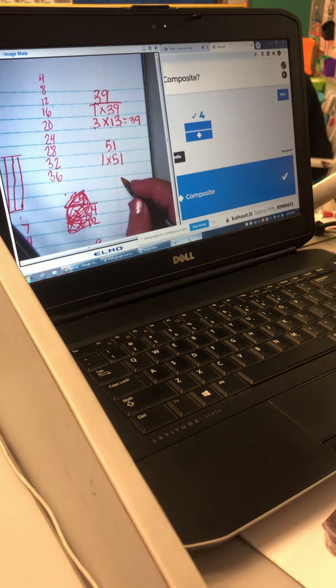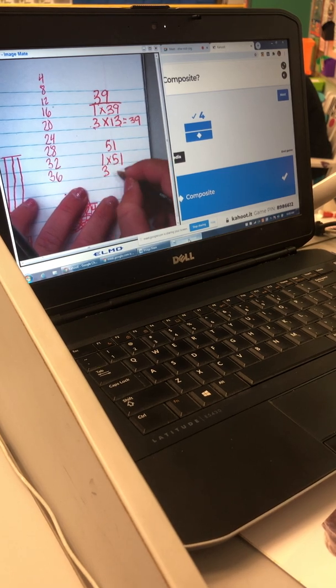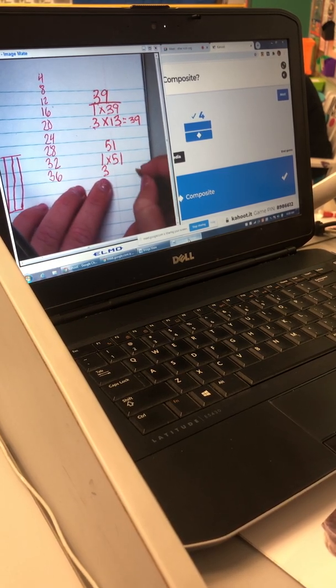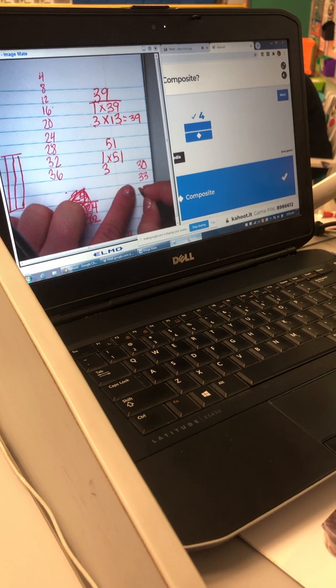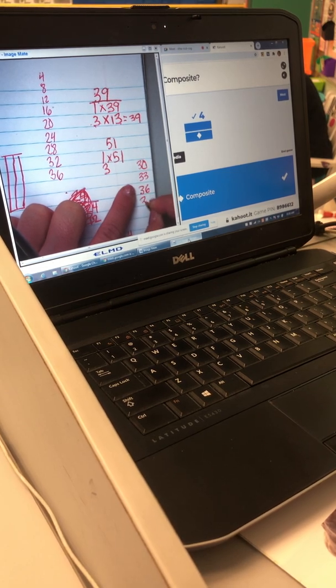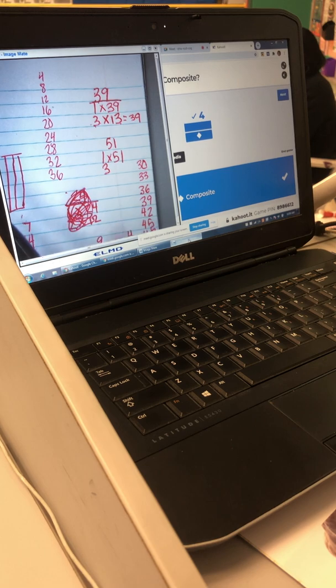Let's look at 3. If I keep going up from 3 times 10 is 30, then 33, 36, 39, 42, 45, 48, 51.